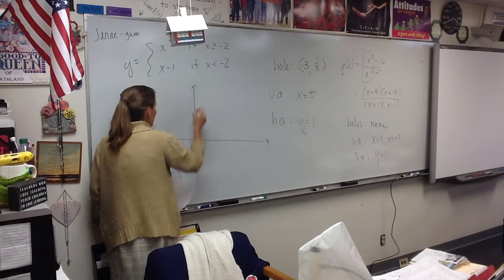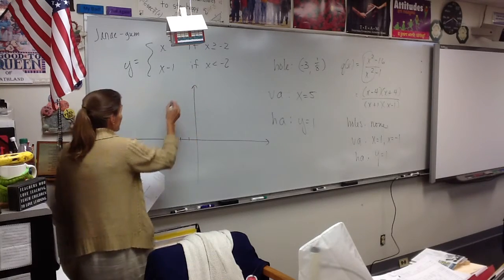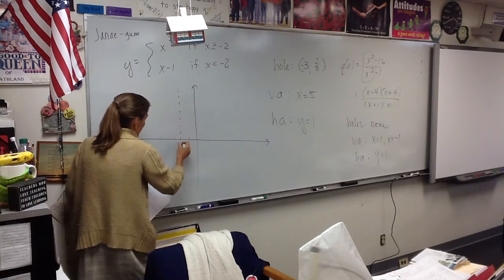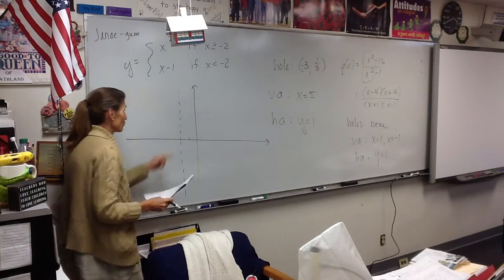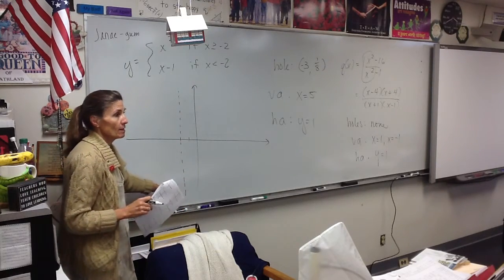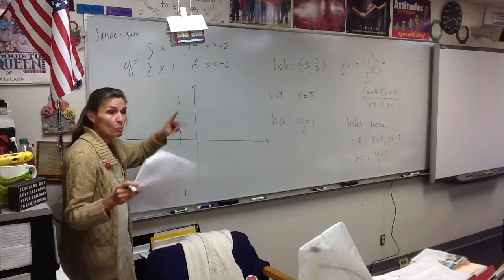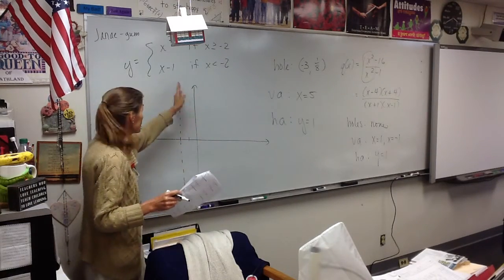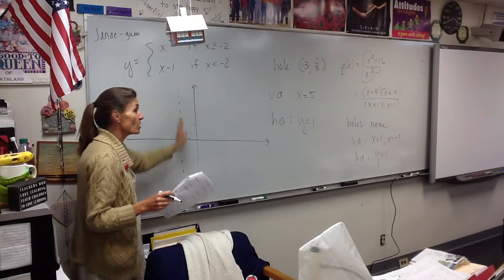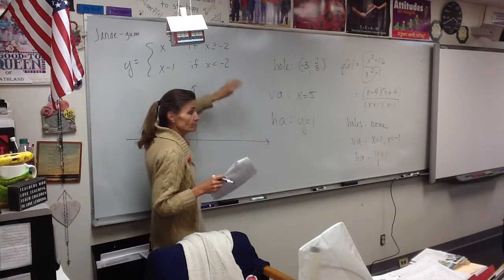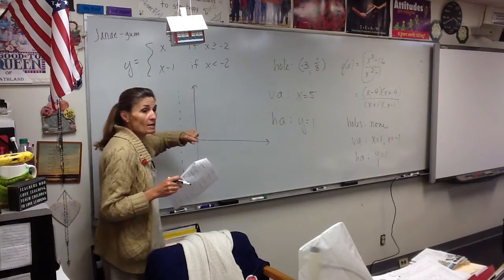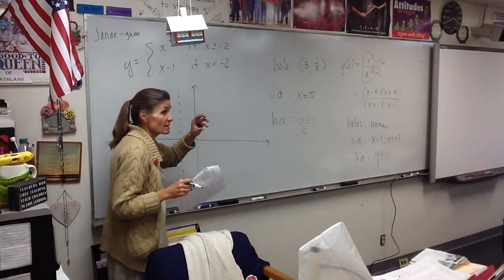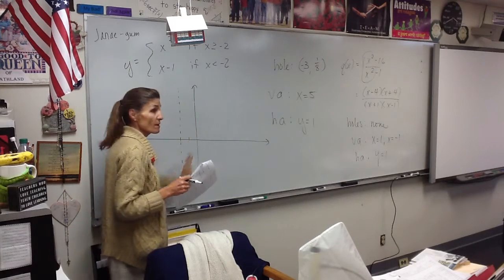You do not have to do this, but the first thing I'm going to do is fold my paper right there and put a crease right there. That's where my piecewise function is broken into pieces. This is the break line. How do I know that? Right here. So when I get around, remember the dots we always have on these things? The dots are going to be on that line.